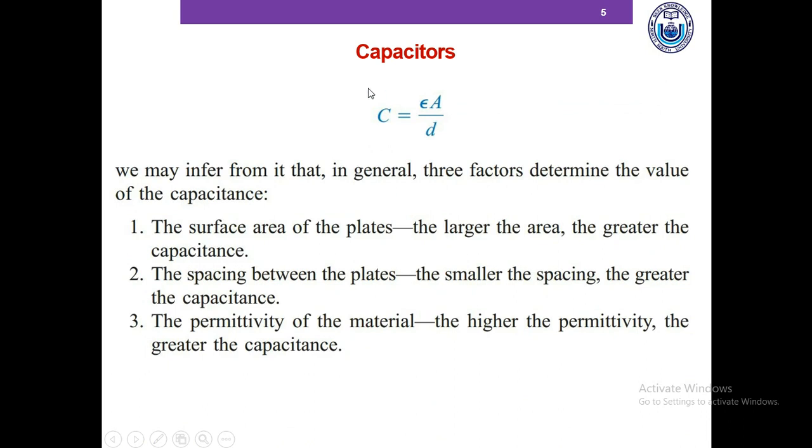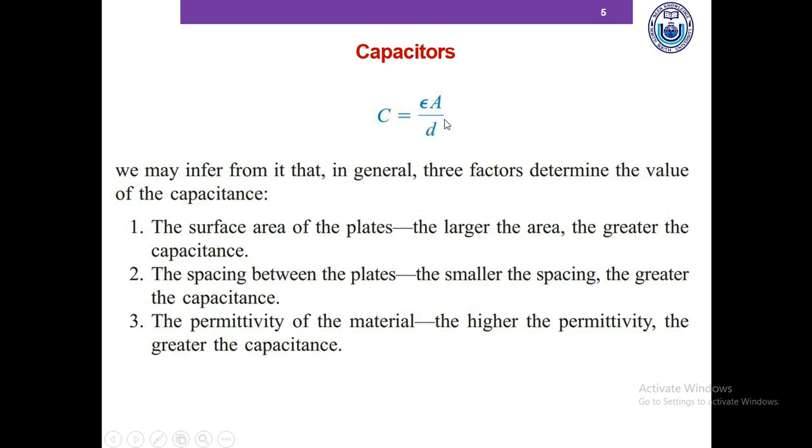Even though this equation is only valid for a parallel plate capacitor, and there are different types of capacitors, such as cylindrical capacitors and capacitors of other shapes, the relationships more or less remain the same. So we may infer from the equation of the parallel plate capacitor that in general there are three factors that determine the value of the capacitance. The surface area of the plates, A here: the larger the area, the higher the capacitance is.